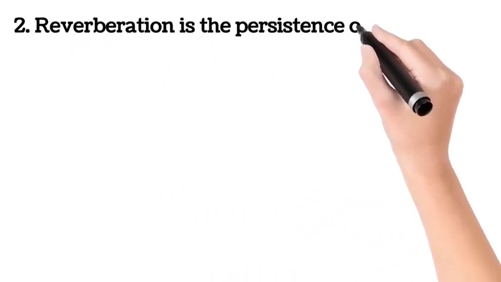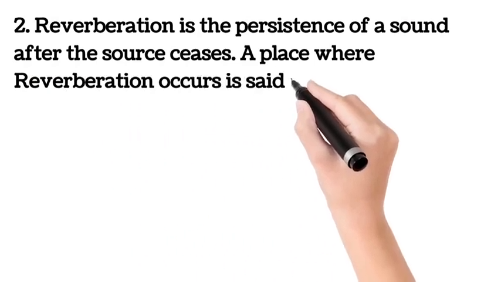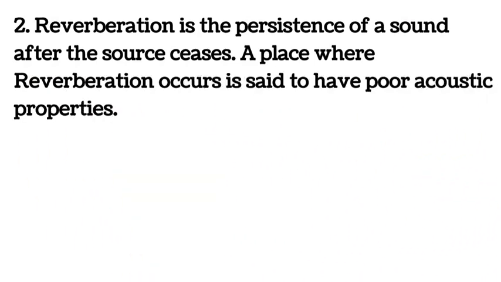The second concept says reverberation is the persistence of a sound after the source ceases. So the persistence of a sound after the source of the sound has stopped, like the person producing the sound has stopped, and the sound is still persisting.